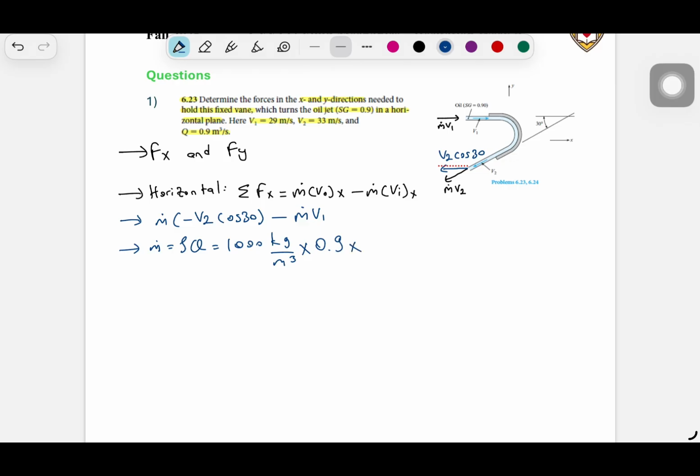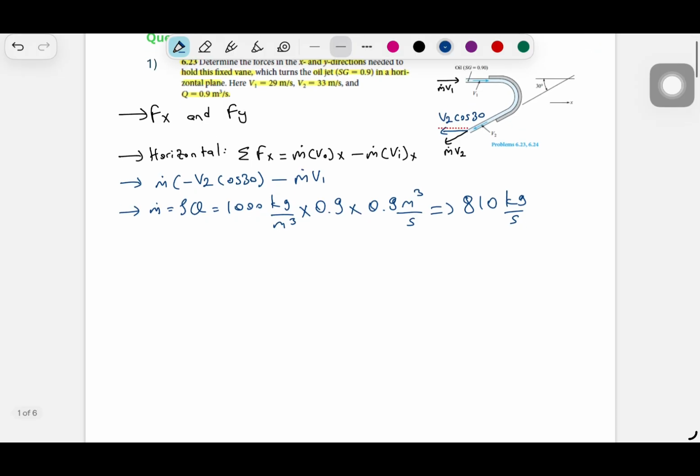And again, the flow rate is also 0.9. So this is going to give 810 kilograms per second. This is just the mass flow rate, but we need to find the horizontal force.